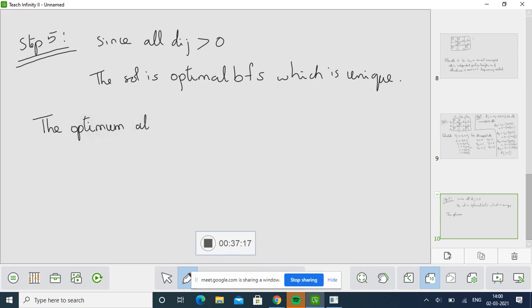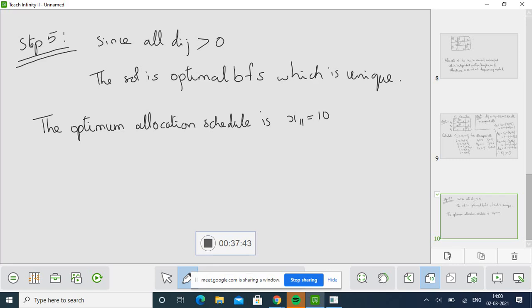The optimum allocation schedule is where all you have allocations. x11. What is that value of x11? I think it is 10.